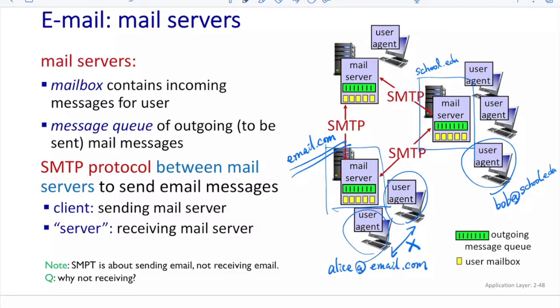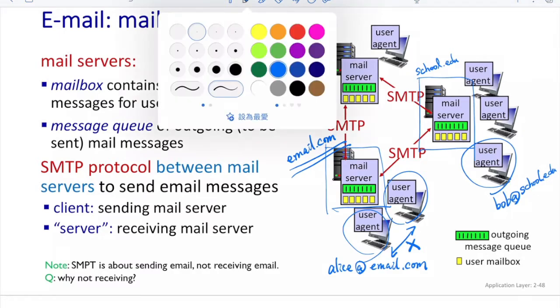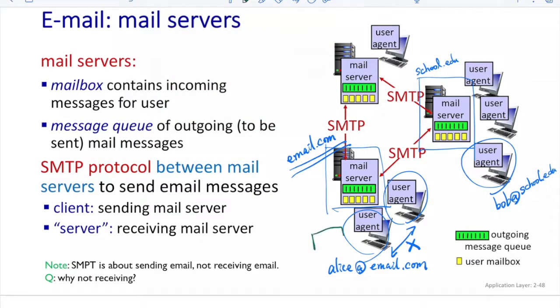It's very similar to delivering physical mail. When you deliver physical mail, you have to write your mail, so you are the user agent. You write the message, and it is passed from your user agent to your email server.